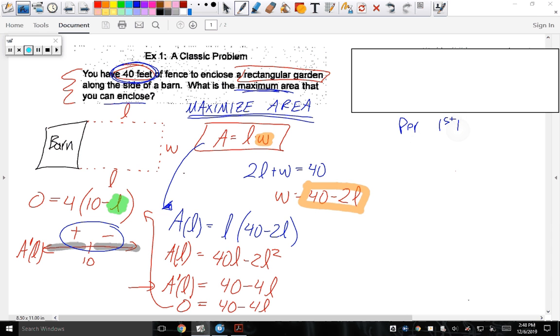For first derivative test, we're going to say that the maximum area equals something when L is equal to 10. And in this case, it's 10 feet.